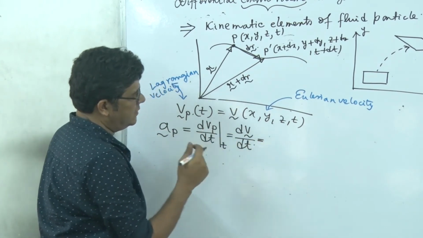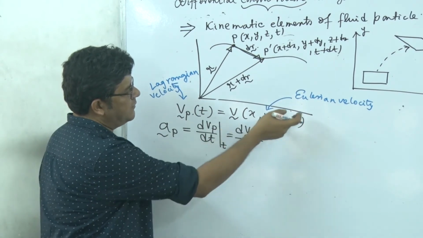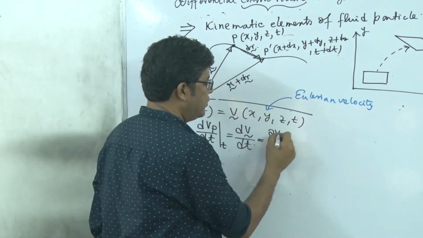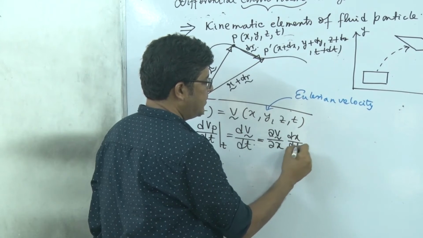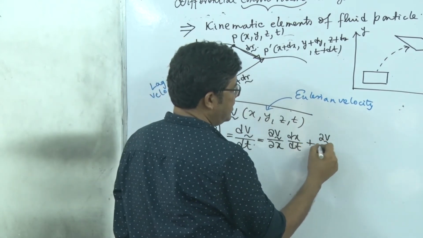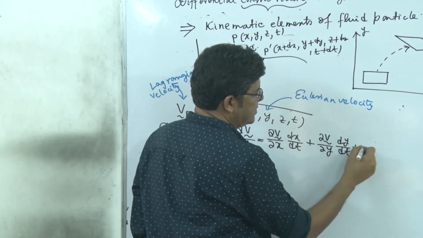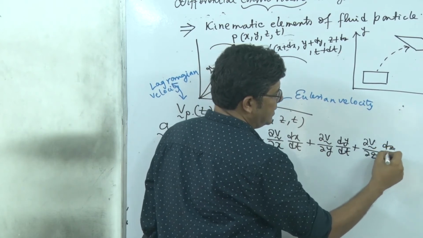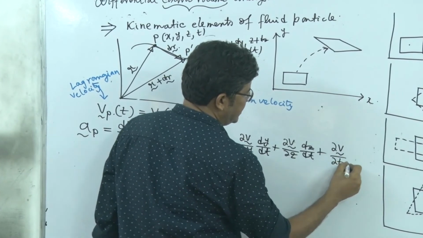So it is very obvious that for this total derivative, as V is a function of x, y, z and t, we have to operate via chain rule. So del v del x dx dt plus del v del y dy dt plus del v del z dz dt plus del v del t.